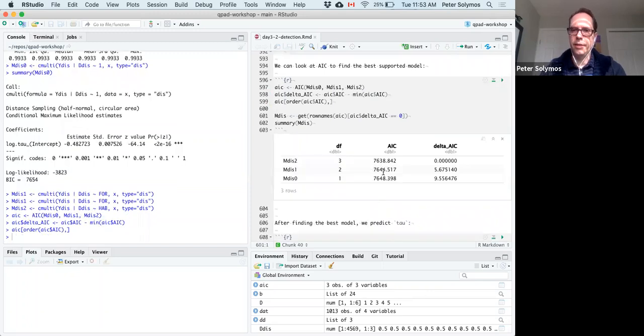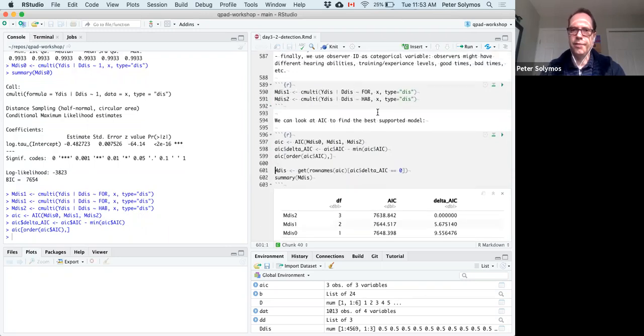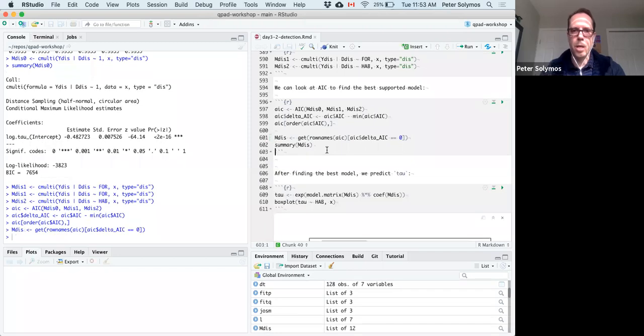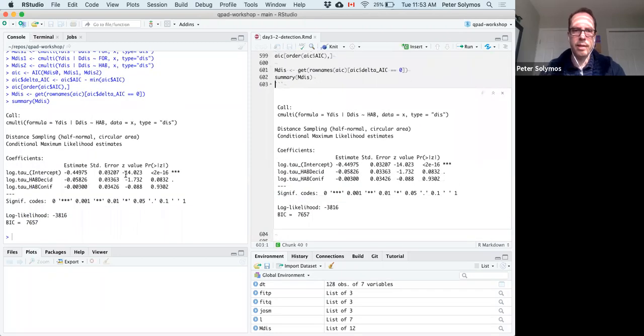So now we have this little table, and we see model number 2 came up on top as the best supported based on AIC, and that happens to be the one with the discrete categories for habitat. So let's define this as the best model. You can see the summaries. There is the intercept. Then for deciduous forest, it's the intercept combined with a slightly lower number.